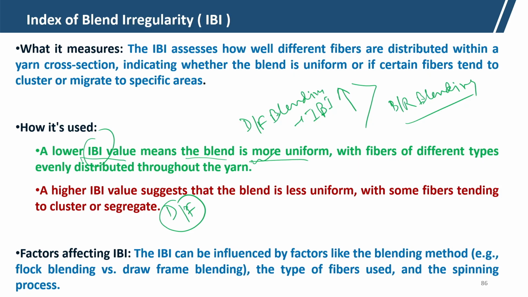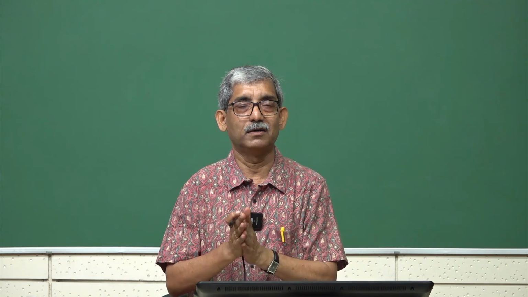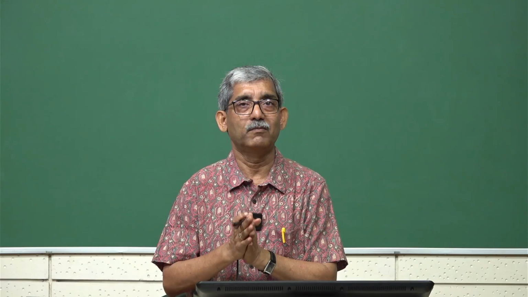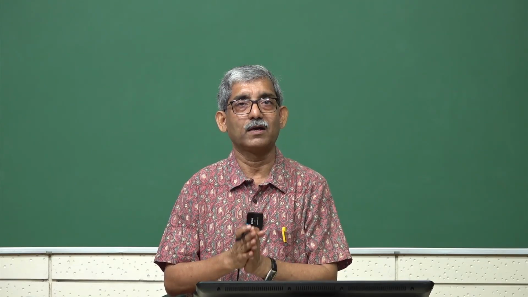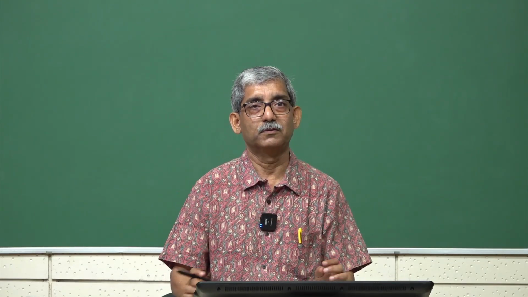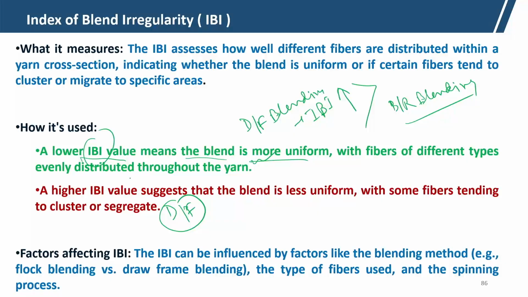The type of fibers used: if fibers have higher cohesion, they will form a lower IBI, more uniform. They will have a higher IBI if cluster formation is there.